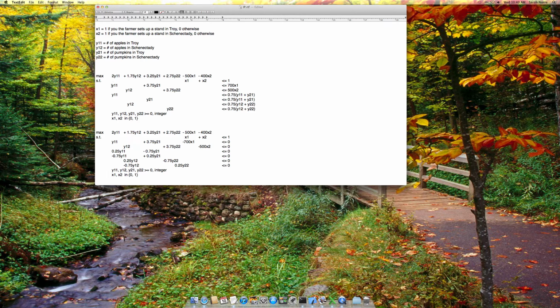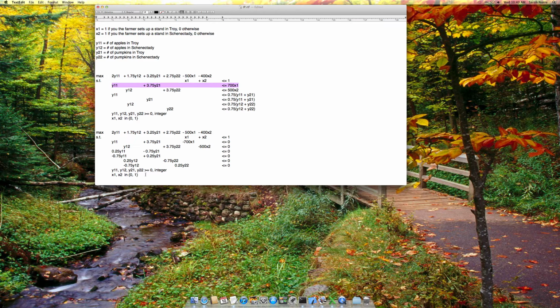So this constraint here, I just transform, I subtract off 700 and put it on this side. Here I subtract off 500. And for these 4, I just subtract off their appropriate value and put it onto the left-hand side. So these 2 IPs are equivalent, it just makes it a little cleaner and easier to put into Excel.